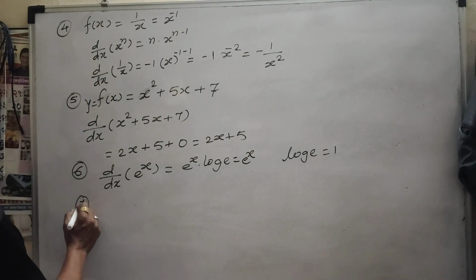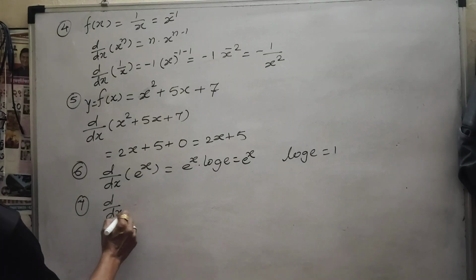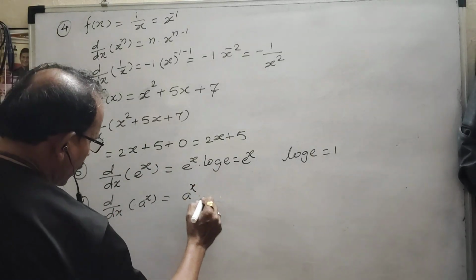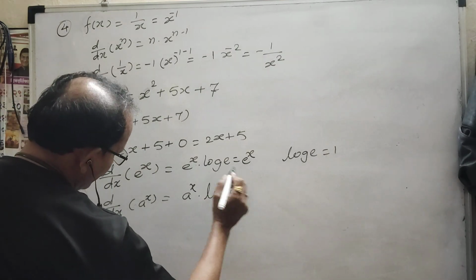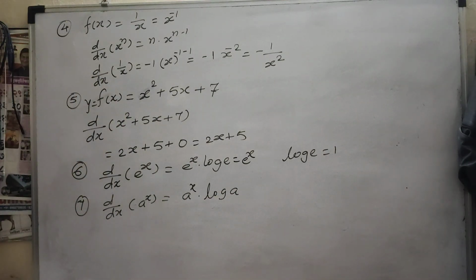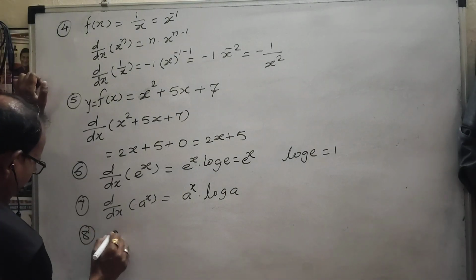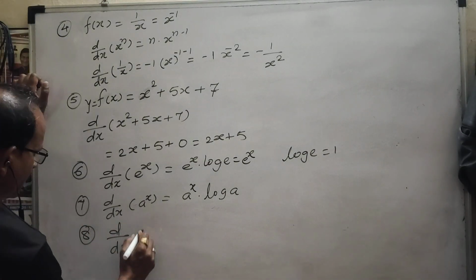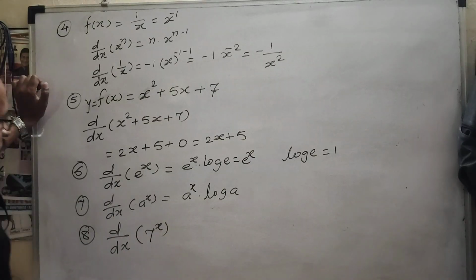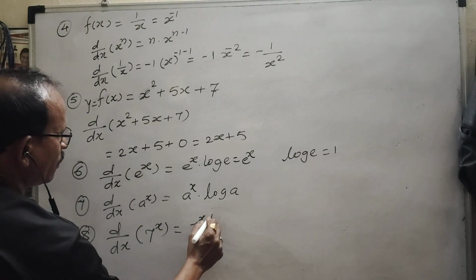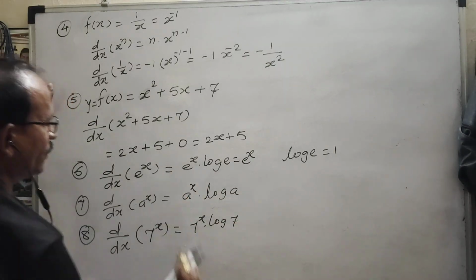Like this dy dx of a raised to x, which is a raised to x dot log a. Yes, तो हाँ ये होता है इसका ये एक्सपोनेंशियल फंक्शन. लाइक दिस हम ऐसे भी लिख सकते हैं. सपोज dy dx ऑफ 7 to the power x, derivative of 7 to the power x can be written 7 to the power x dot log 7. ये होता है.